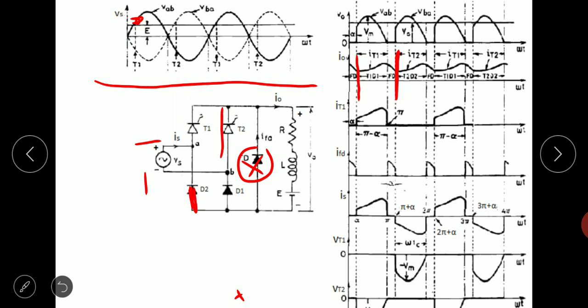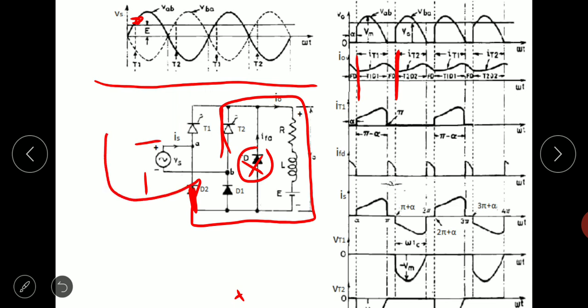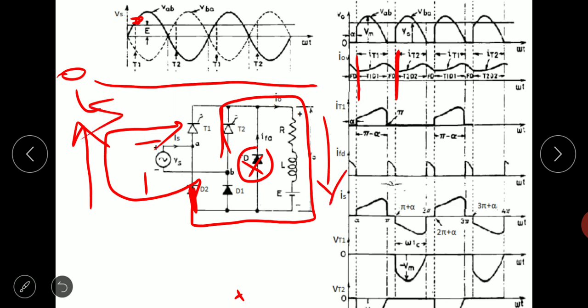So in this case, the load current will flow through thyristor T2, diode D2, and it will flow through the supply like this. So you can see that the IS current, the supply current, is reversed, but the load current I0 is still positive.